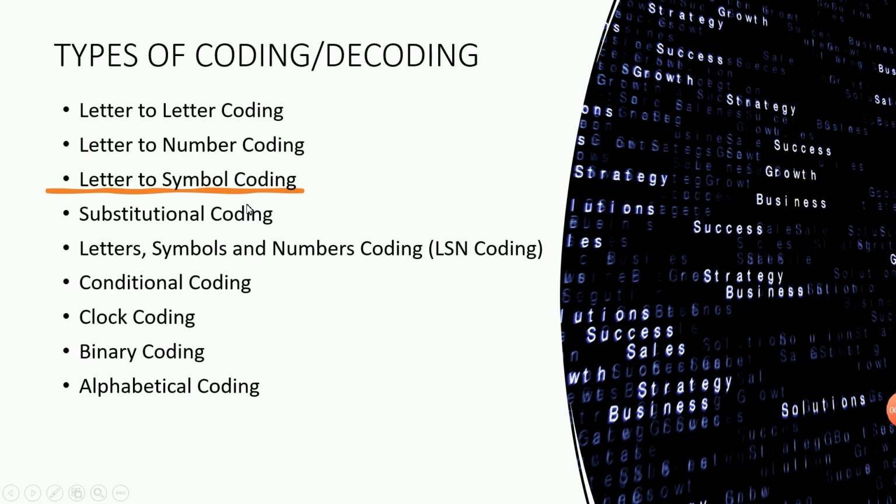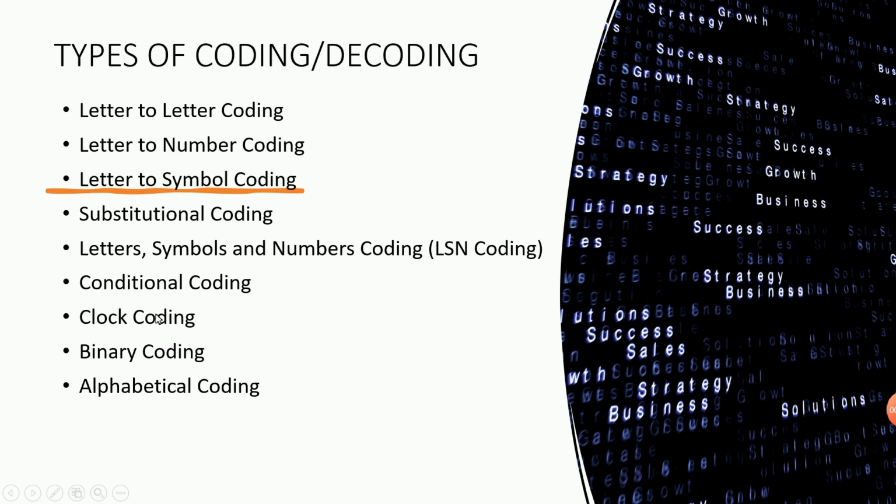Except this one, all the remaining types follow a certain pattern that you can easily identify. To be honest, in our questions all these could come under decoding, but conditional coding alone might come under coding. You have to follow the instructions. They will give two or three instructions, you follow them, then code the given word into a different word.